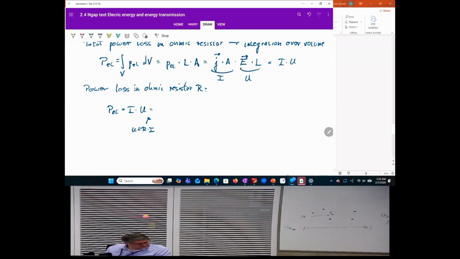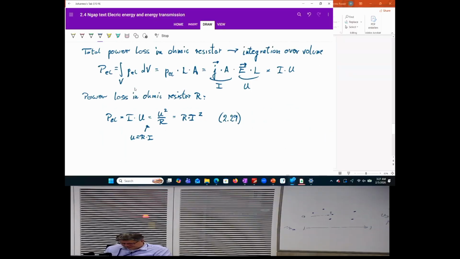You can, of course, replace the I: the I is then U over R, so this is U squared over R. Or you can also replace the U, and the U is R times I, then you obtain R times I squared. That's equation 2.29. So this is how you obtain the loss in a resistor.